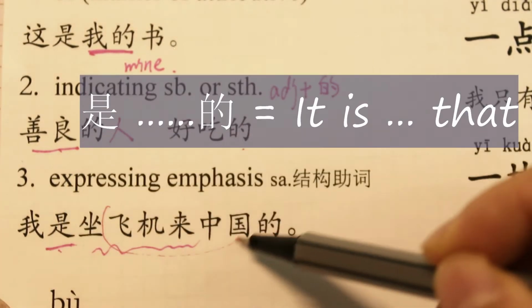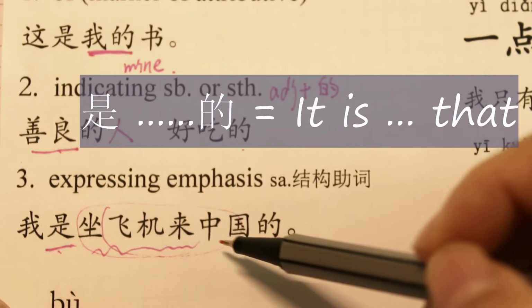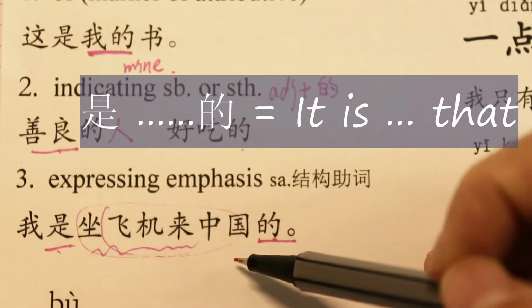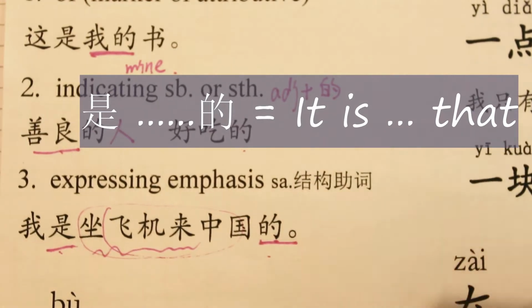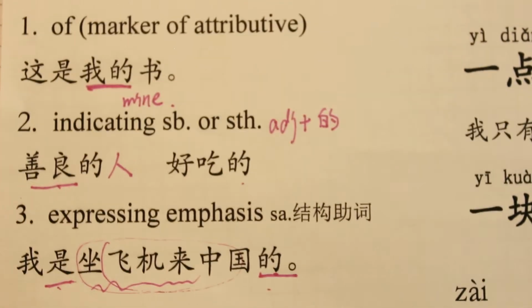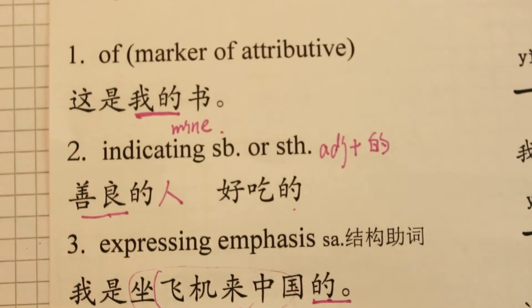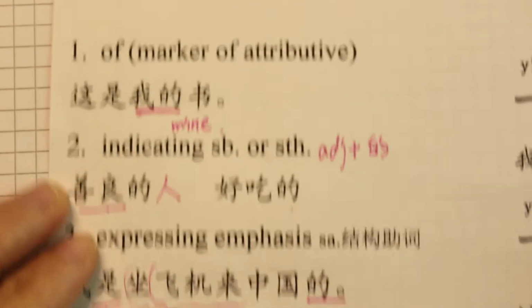You will emphasize this part. 坐飞机来的，而不是坐火车来的，而不是坐轮船来的。所以是什么什么的。Okay, these are the 3 basic uses of the Chinese 的.